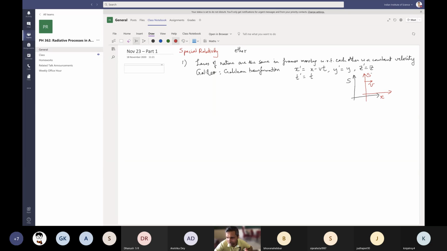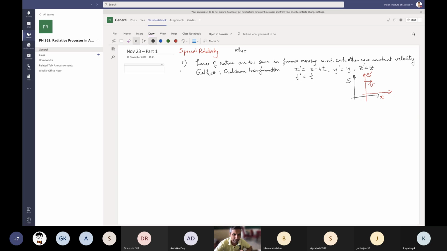As long as you do these transformations, your Newton's laws and so on will all be valid. But it looks like these transformations are not valid when particles start approaching the speed of light. This first concept is extremely fundamental, and it is known since a long time.